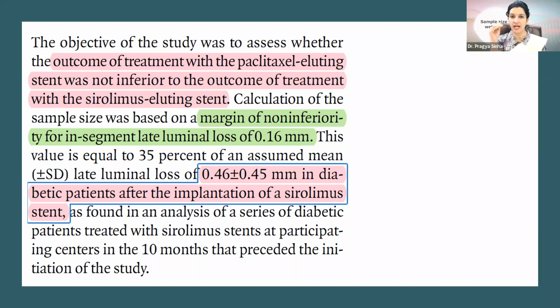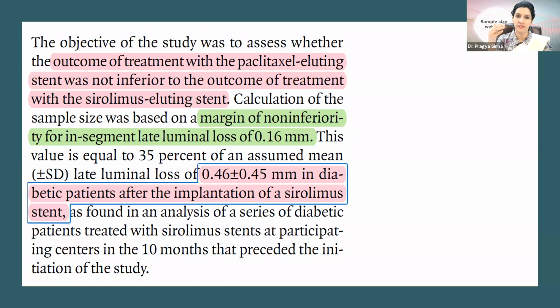Because why have I said 0.46? Because what is non-inferiority? Non-inferiority means it will be at least as good as the existing one. Generally, ideally there should be some level of improvement.